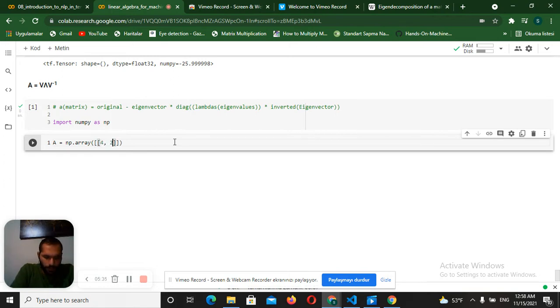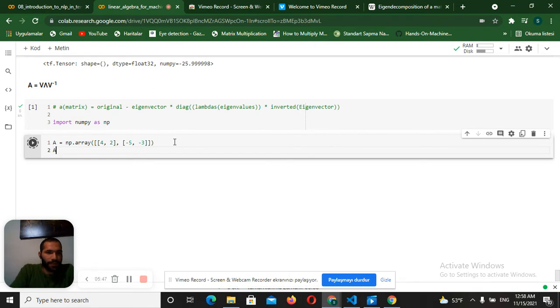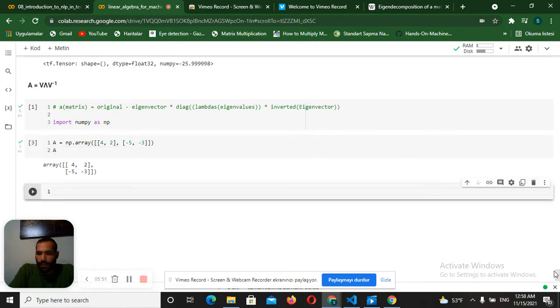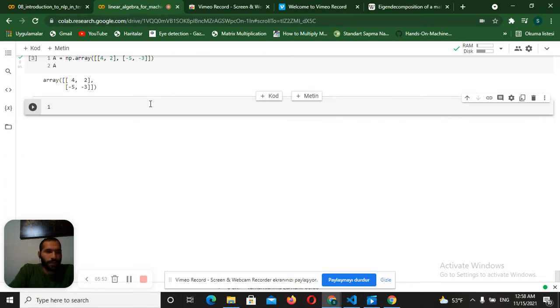We will say 4, 2, minus 5 and minus 3. This is our A matrix. Now, what is the A matrix? It is that. Look. Now we will do things here.